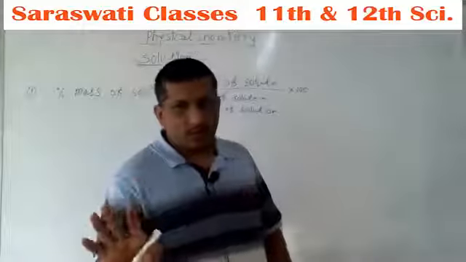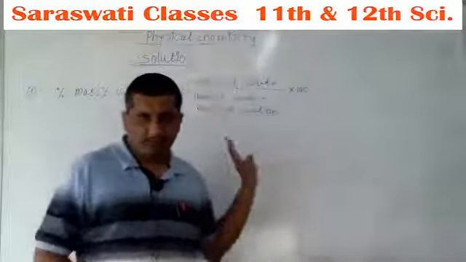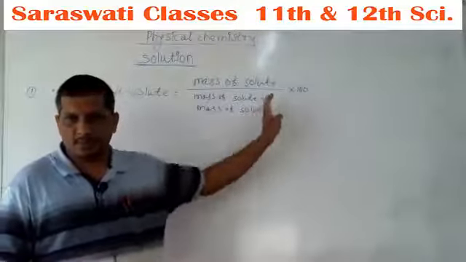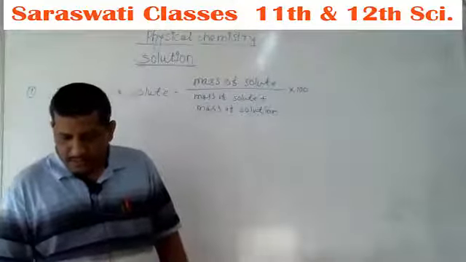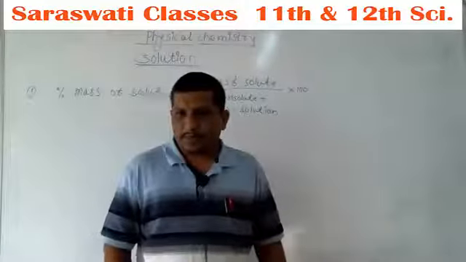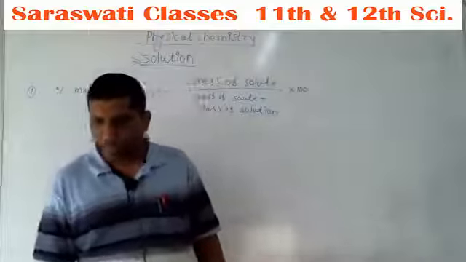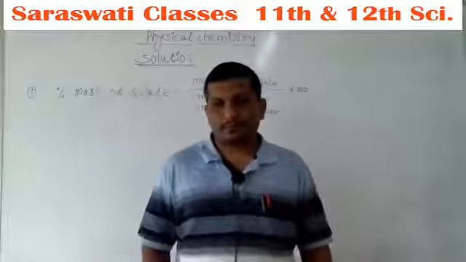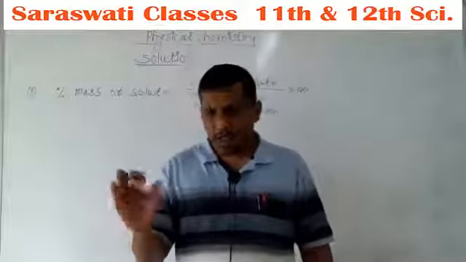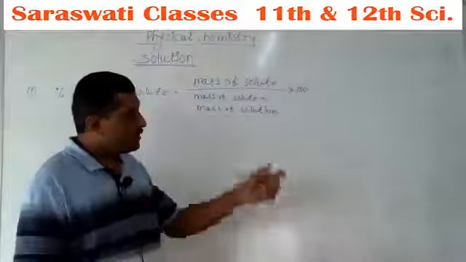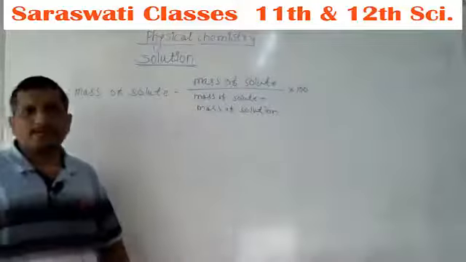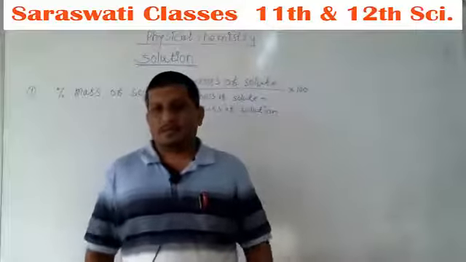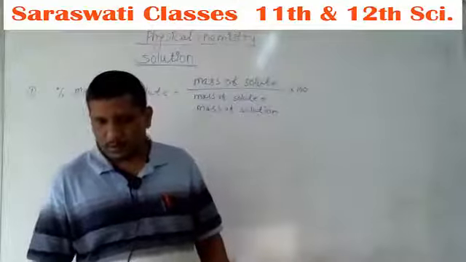We see some points step by step. This is the first point: percentage mass of solute is mass of solute divided by mass of solute plus mass of solvent, into 100. This is mass of solute in gram dissolved in solvent to make a solution of 100 gram. It's a definition. This is the formula. Now we see one example from the previous year 12th book.